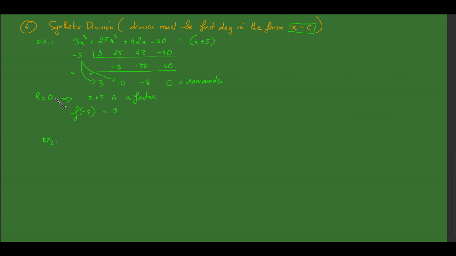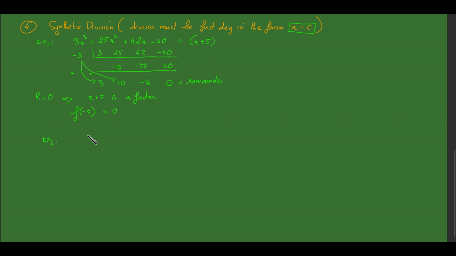Let's see if I can find something where it's not zero. Remember, the divisor must be in this form. If it's not in this form, then we have to do something else, but at this level, it's not pre-calculus, so I'm not going to go too deep into that. But let me see if it's not zero. Oh, how about this one right here?